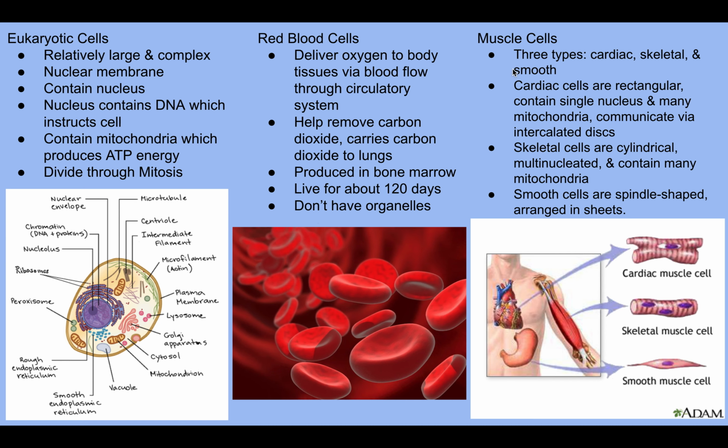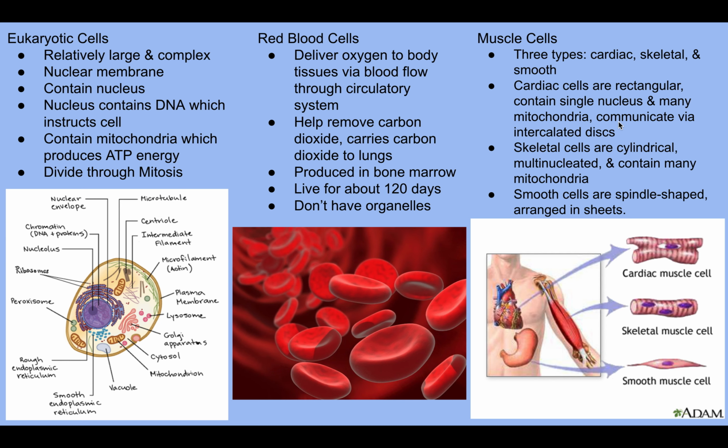Now, moving on to muscle cells, there are three types of them: cardiac muscle cells, skeletal muscle cells, and smooth muscle cells. Cardiac muscle cells are rectangular shaped and contain one single nucleus and many mitochondria, and they communicate via intercalated discs.